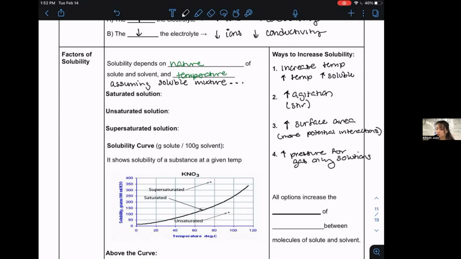A saturated solution is the max amount of solute that can dissolve. It's often quantified as the molar solubility, even though technically molar solubility is just solubility measured in molarity, but we often call it the molar solubility that's associated with saturation levels. Max amount of solute that can be dissolved in solvent.